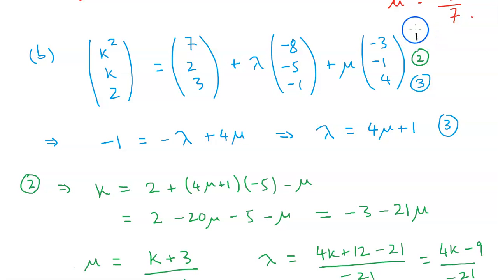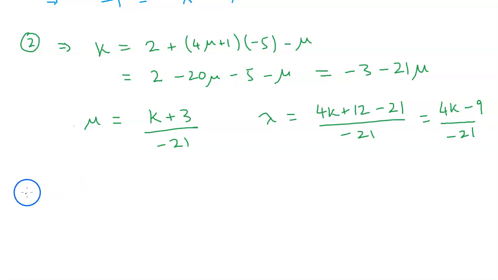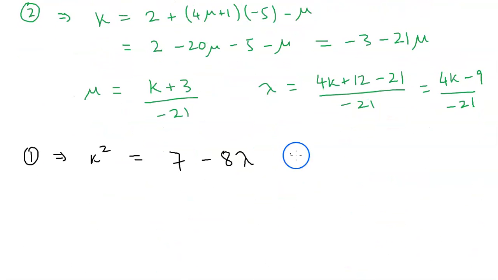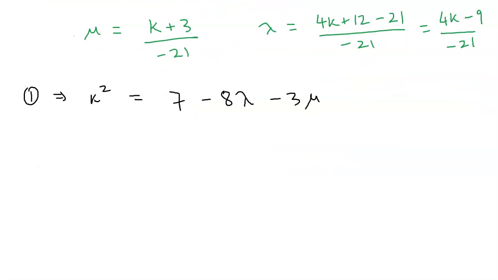So we can call this one equation 1. So we got k squared equals 7, then it's minus 8 lambda, then minus 3 mu. Okay, so let's sub in these values. So we got k squared is equal to 7, and then minus 8 times this.